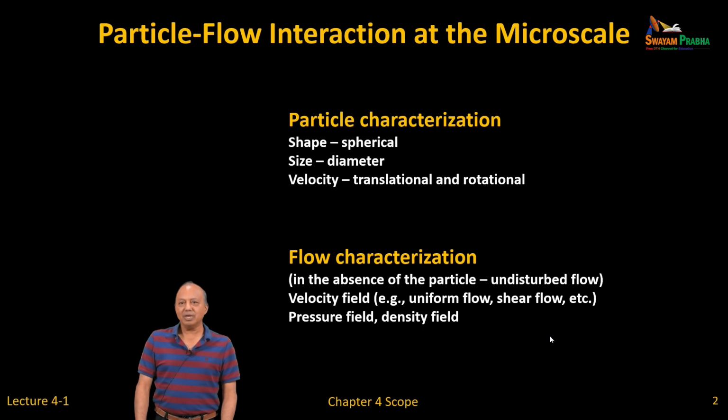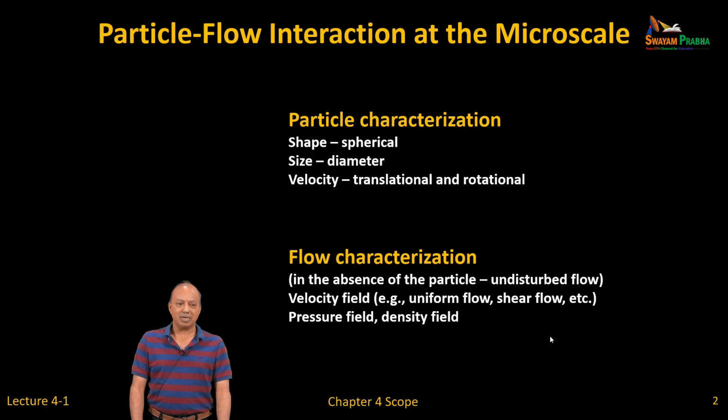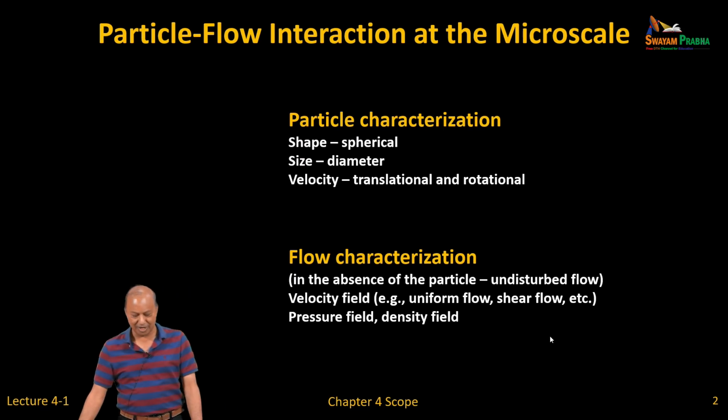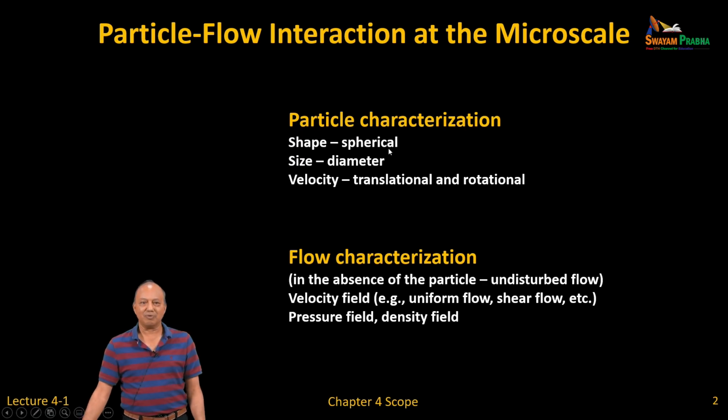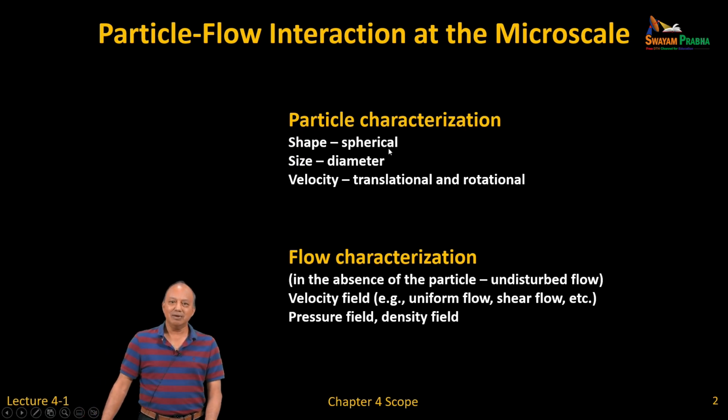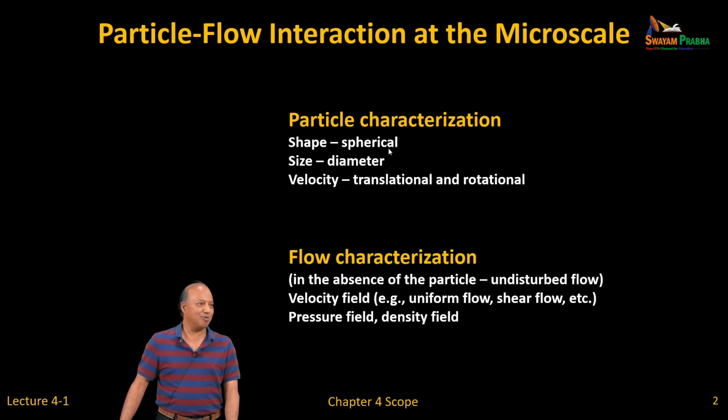Okay. So if we want to model the interaction of this isolated particle, one particle with a flow, what do we need? What would such a model need? And that's what I tried to list here. Well, you would need to tell something about the particle, what shape it is. Well, we will mostly deal with spherical, but that's an idealization. Real particles are more complicated.